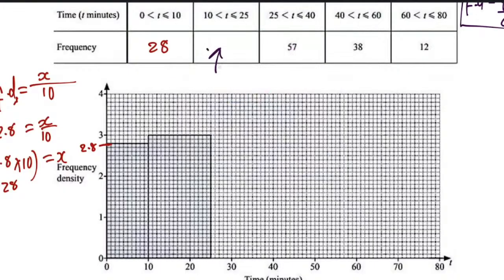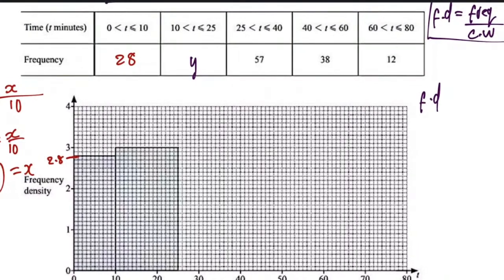Then now we go for the next one, which is here. The very first thing is we can call this y or whatever. And we say frequency density of the second one is equal to the frequency y over the class width, 25 minus 20. So it's 25 minus 10.